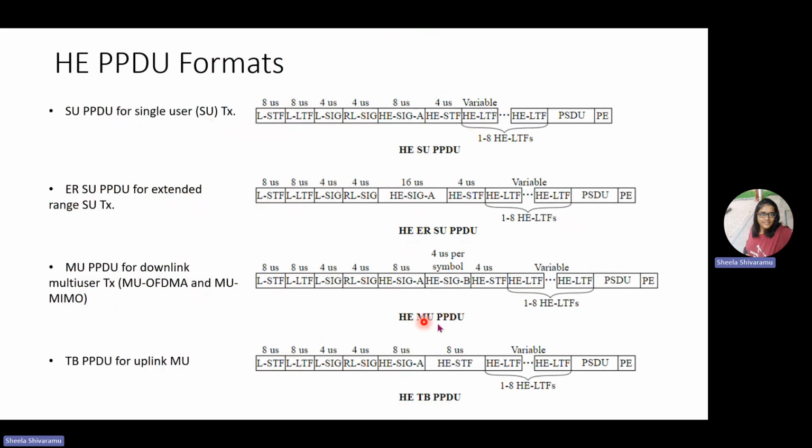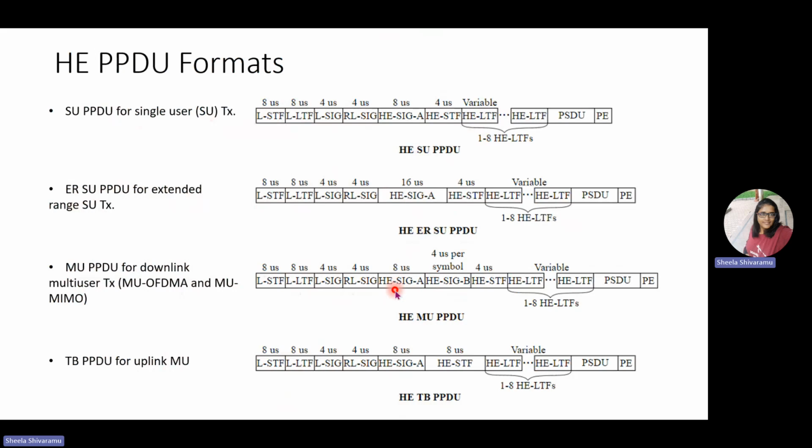The next is the HE MU PPDU, which is used for downlink multi-user transmission, both for MU FDMA and MU MIMO. The unknown parameters of the HE MU packet are obtained after decoding the bits in L-SIG, HE-SIG-A, and HE-SIG-B.